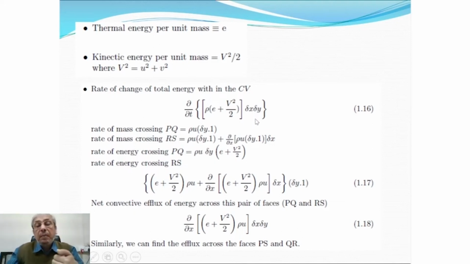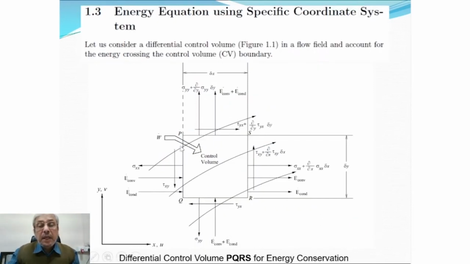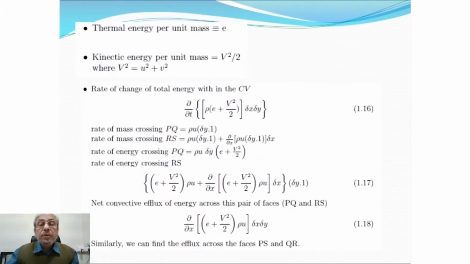Perpendicular to the plane the dimension is 1, and dx into dy into 1 is the volume. So volume into rho, that is the mass, into the total energy gives the rate of change of total energy within the control volume.